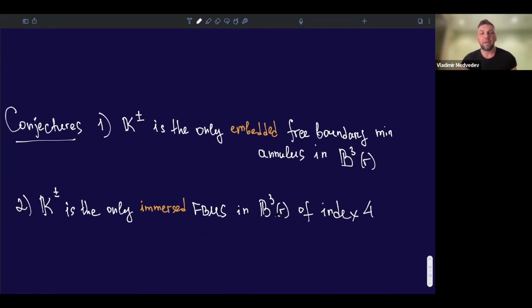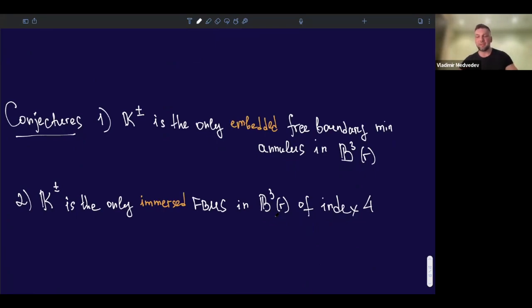And I'm going to stop at these conjectures, which are stated by analogy with the flat case, free boundary minimal immersions in the ball in the Euclidean space.